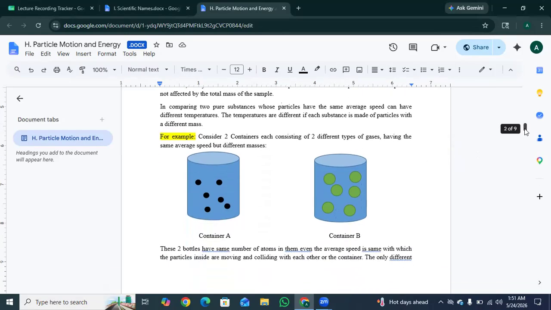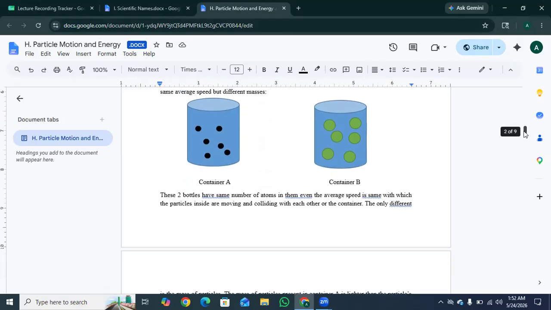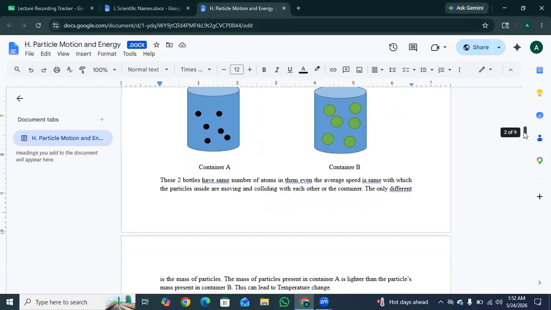So let's discuss an example. Consider two containers, each holding a different type of gas, with the same average speed but different masses. Look at the diagrams, container A and container B. These two bottles have the same number of atoms in them, and the average speed is the same, with the particles inside moving and colliding with each other and the container.